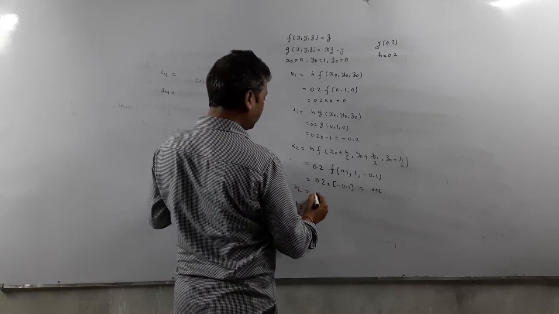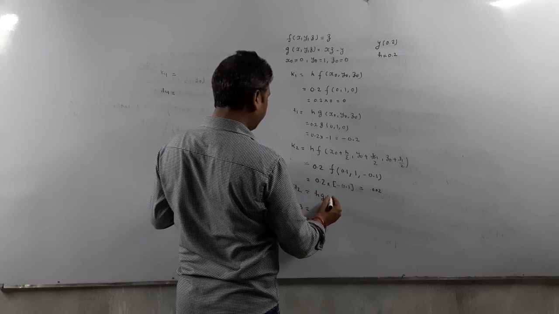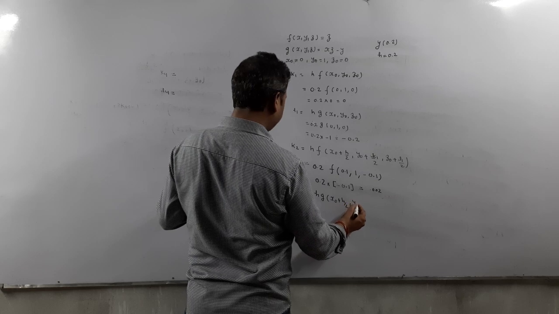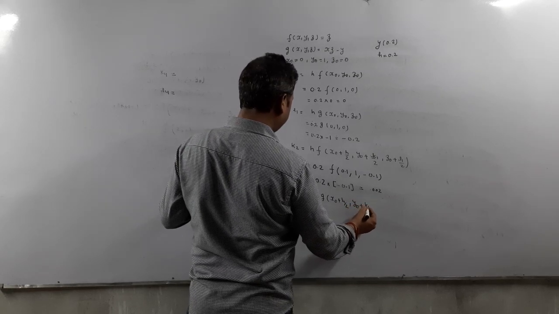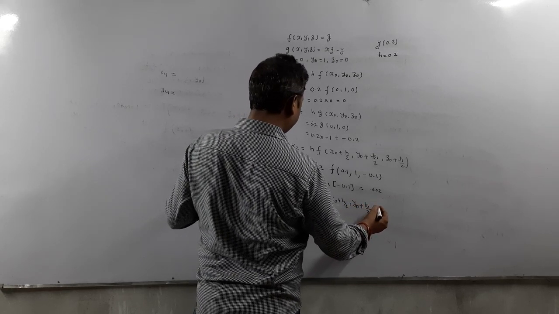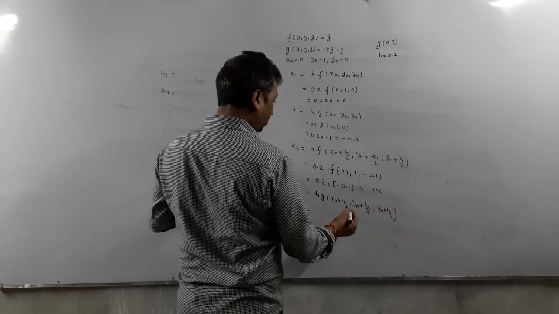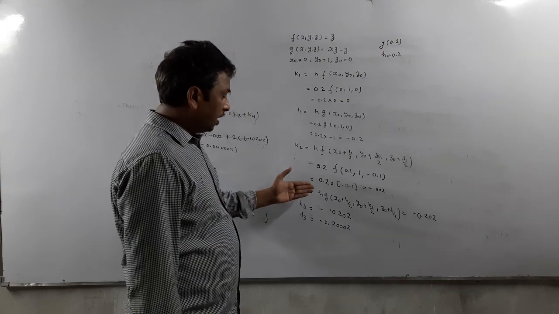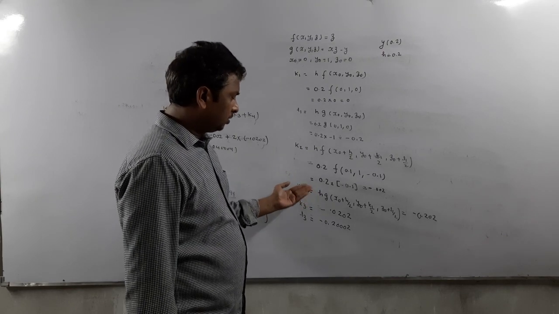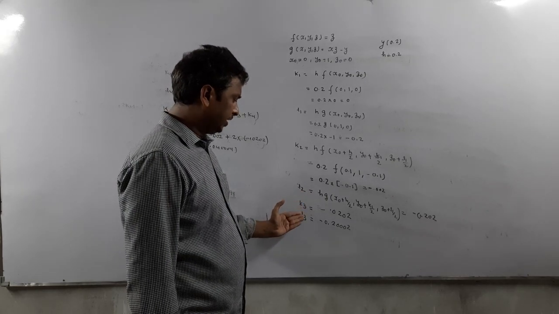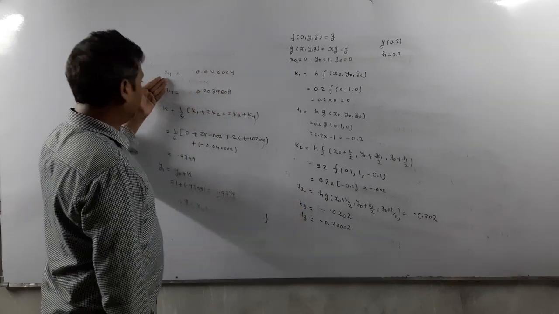What is L2? h times g of the values. So simple. Just put the values in the formula and calculate L2, K3, L3, K4, L4.